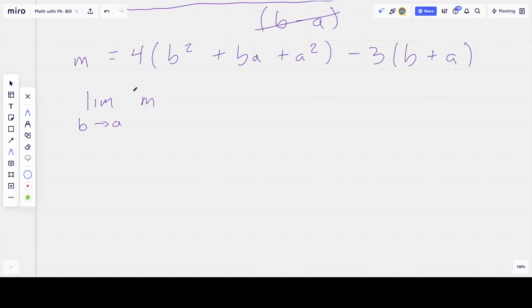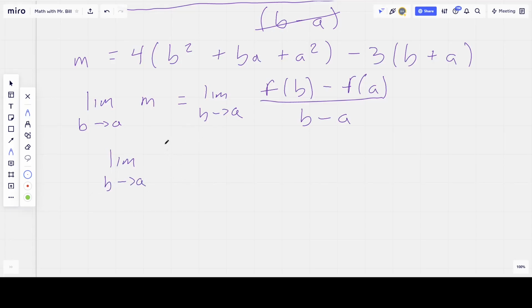And we've done all the work now to make something nice for m. You could also think of this as the limit as b approaches a of f of b minus f of a all over b minus a. That's another way to look at it. But let's go ahead and plug in m as we've got it.